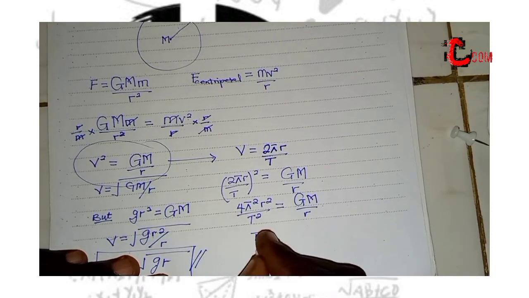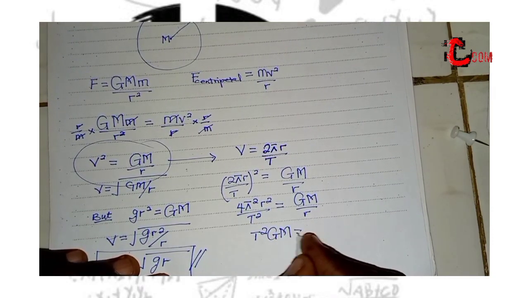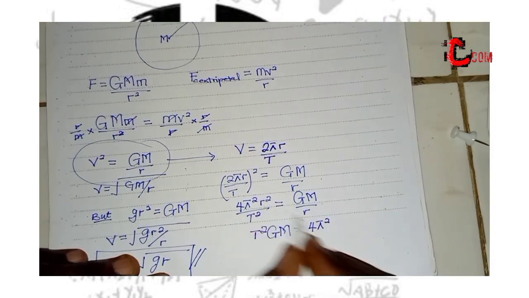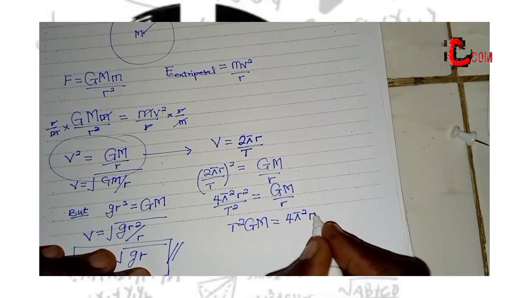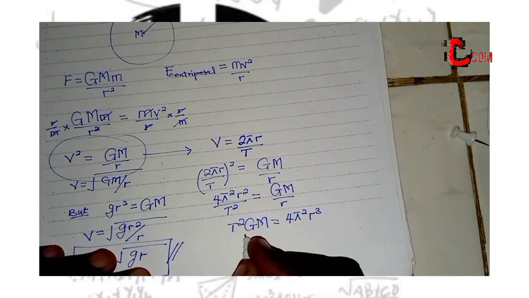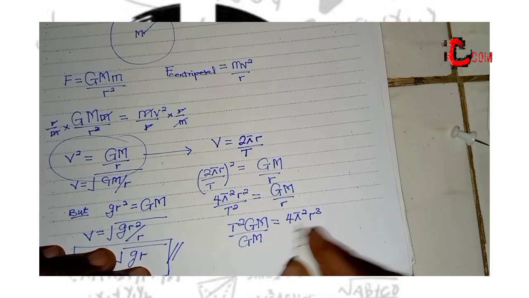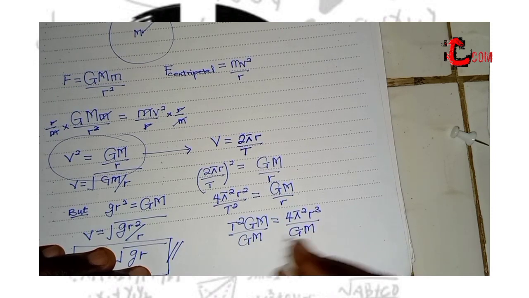When we cross multiply, we will have T squared GM equals 4 pi squared. Now this is r squared and that is r. When we multiply the two, we are going to have r to the power 3. In simple terms, we divide both sides by G, the gravitational constant, and M, the mass of the planet.